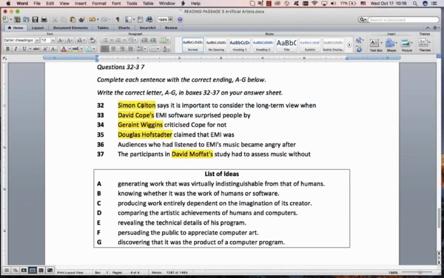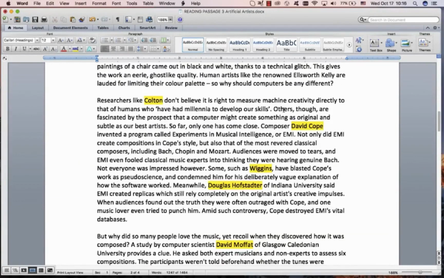So let's see what Colton says. It's important to consider the long-term view when. Now here they're talking about other people, so it's only this sentence that we need to compare. You can zoom in on that sentence pretty quickly. What do they say? Colton, he doesn't believe that it's right to measure machine creativity directly to humans.